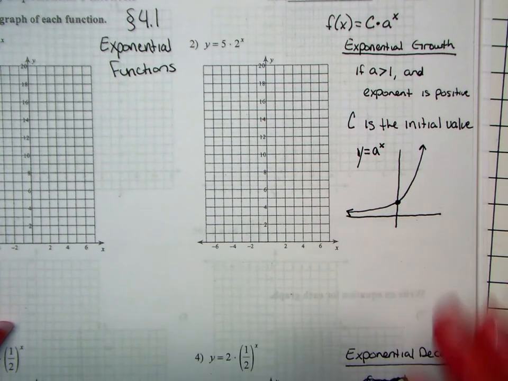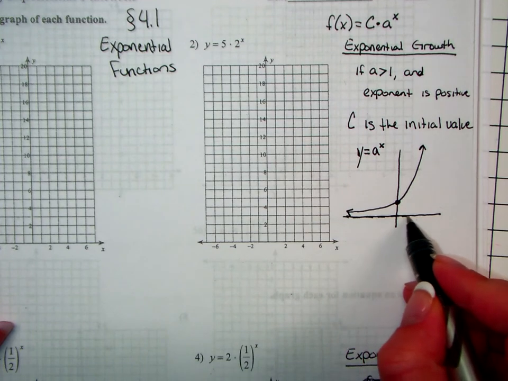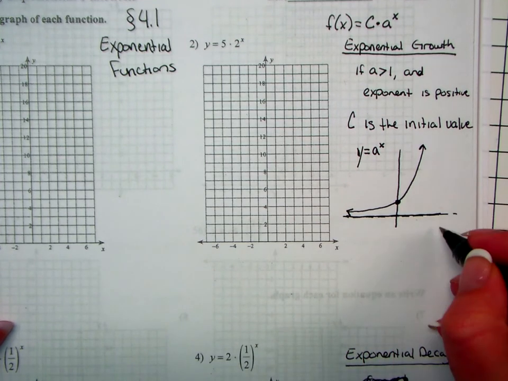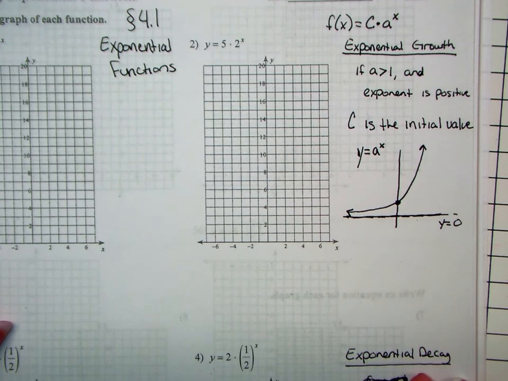They're all going to have this basic shape. Okay, and all of our exponential functions will have a horizontal asymptote at y equals 0.